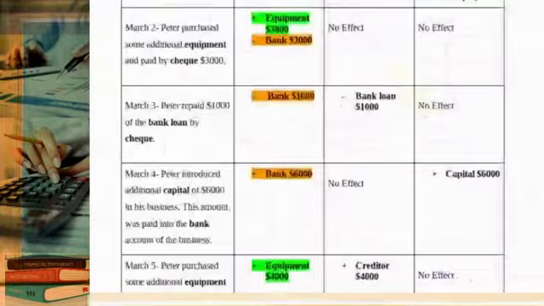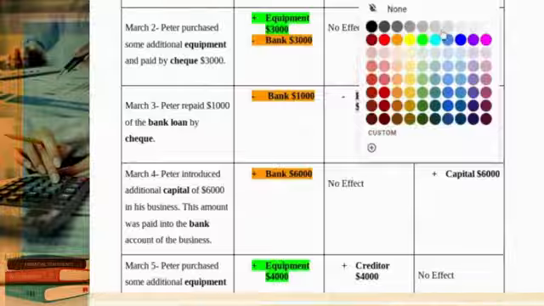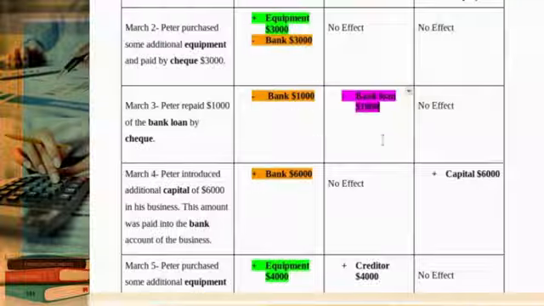So bank loan was not affected in the first transaction, but it is being affected in the second transaction. And we see where the bank loan was decreasing by $1,000. So we're going to subtract this $1,000 from the original figure.